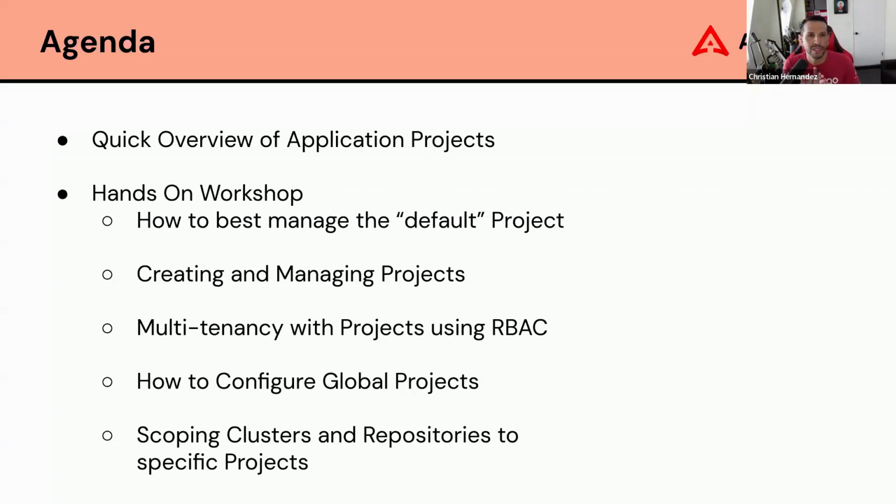So what we're going to do is how to best manage the default project, creating and managing projects, multi-tenancy with projects using RBAC, right? So we're going to get deep into the weeds on multi-tenancy and how that works with Argo CD, how to configure a global project, and then how to scope clusters and repositories to specific projects, right? So it's a very, very powerful thing, the app project. So this is what I'm going to go through today.